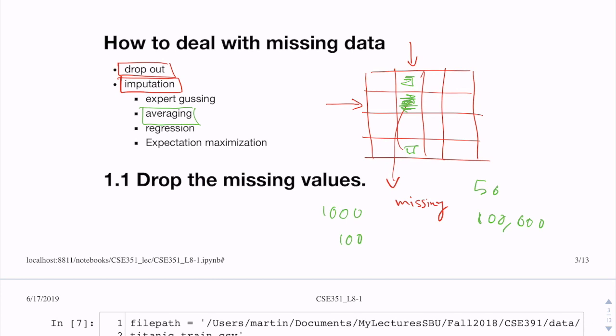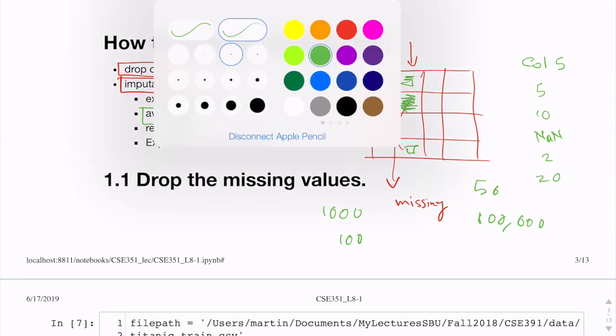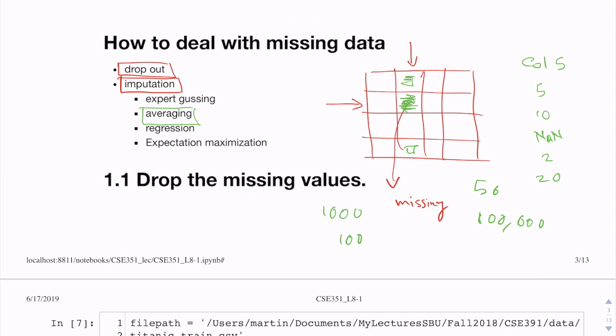A simple example: let's say I have a column whose values are 5, 10, NaN, 2 and 20. I can replace this NaN value by the average of the other values: 5 plus 10 plus 2 plus 20 divided by 4. So this is how I replace the NaN value by the average.